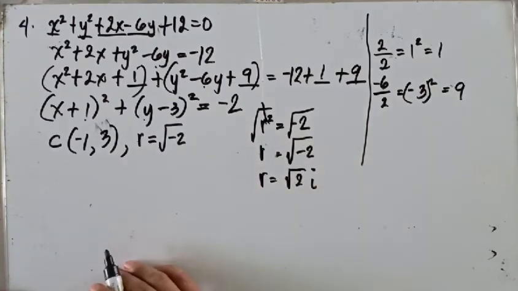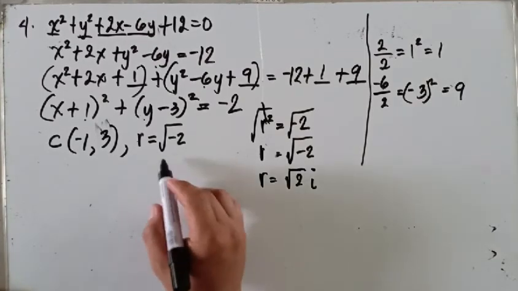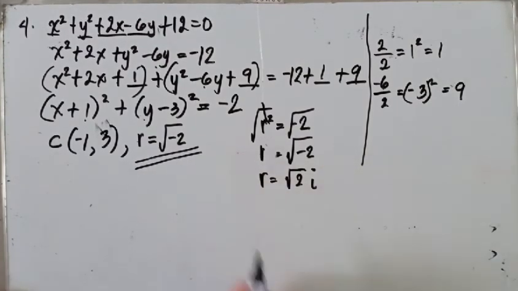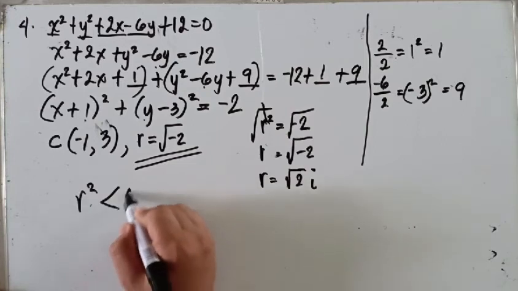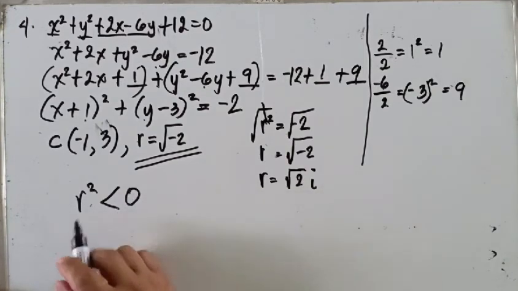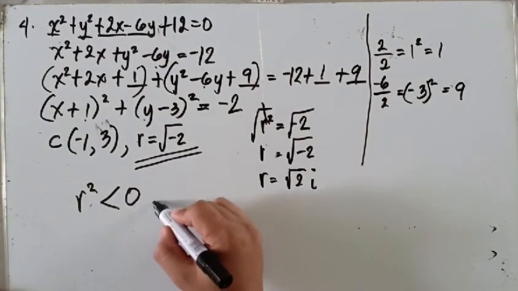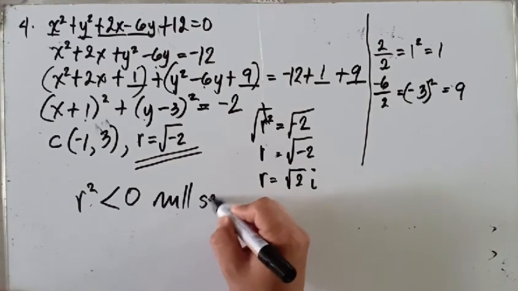What does it mean? What does it imply? Yes, since the length of the radius is not a real number, and based on the definition, when your r squared is less than 0, the graph of the circle will be a null set.